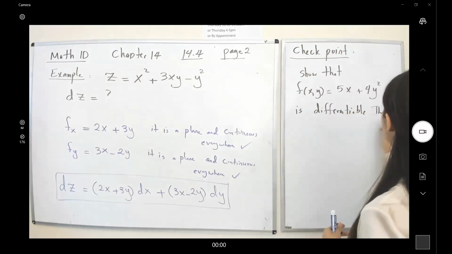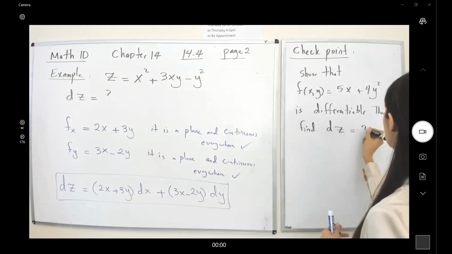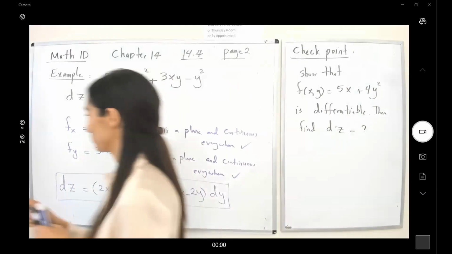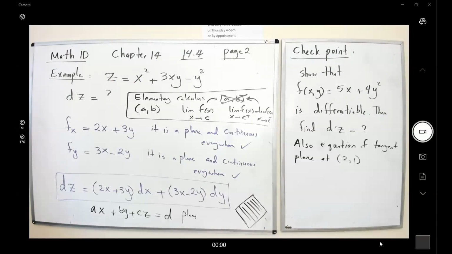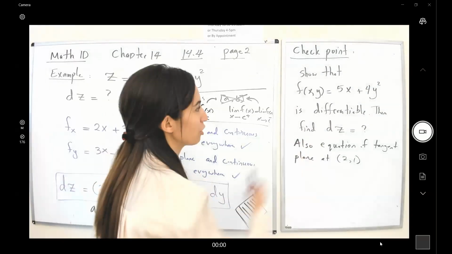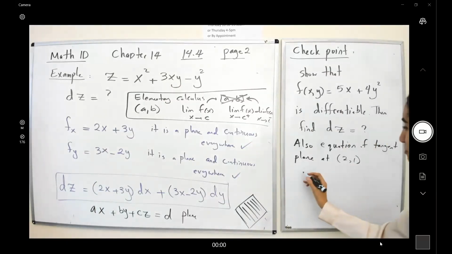Then find dz or df. What's the differentiation of the function? What is dz?